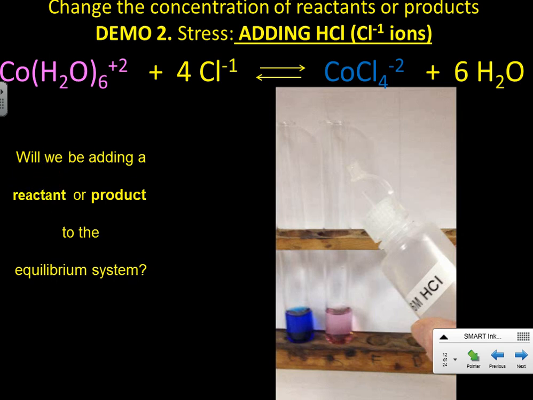So if we're adding a reactant, will it turn the blue solution pink, or will it turn the pink solution blue? Let's take a look. We're going to try it on both the pink solution and the blue solution. Before I show you this video, just to show you, this blue solution right here has both pink and blue ions present. Currently in the left test tube there are more blue ions than pink, and in the right test tube there are more pink ions than blue.